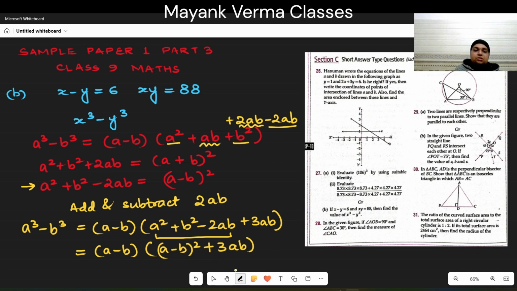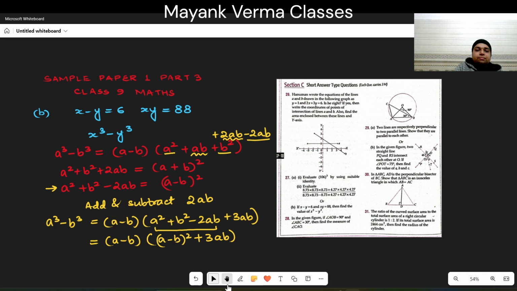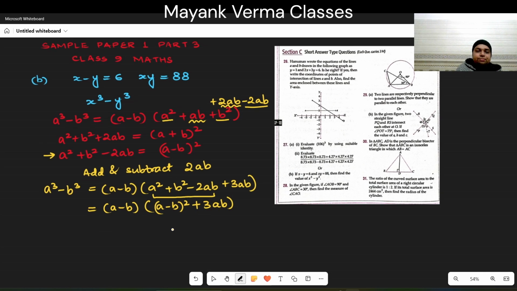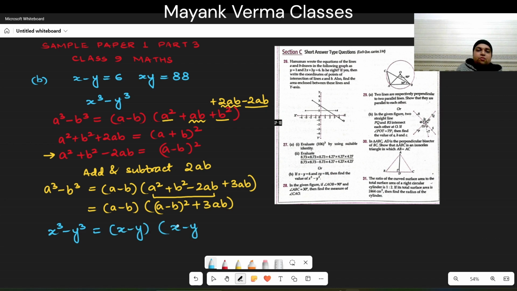So by using this identity, I can write x cube minus y cube is equal to x minus y times x minus y whole square plus 3xy. Now I just need to put in the values given in the question. So 6 times 6 square plus 3 into 88.